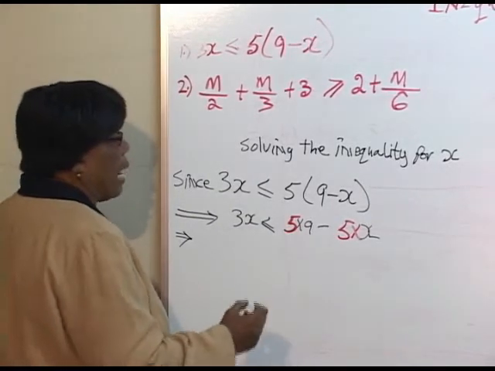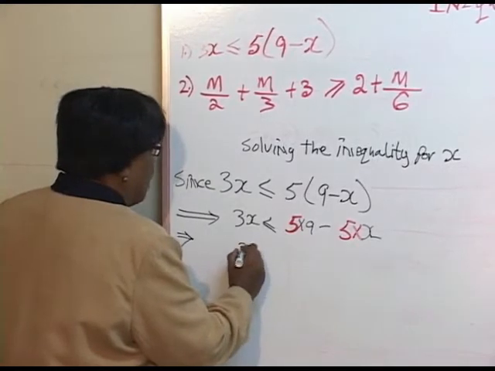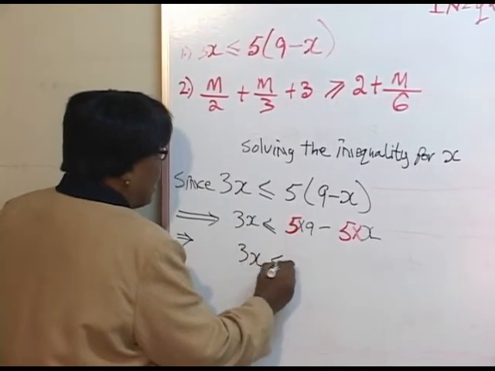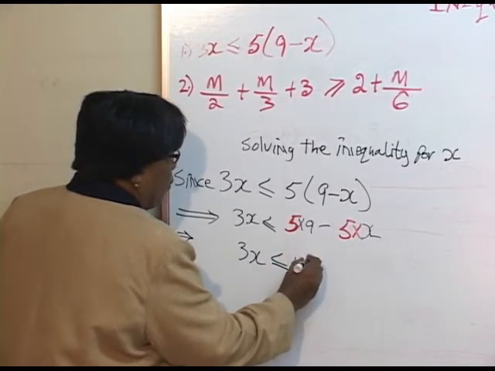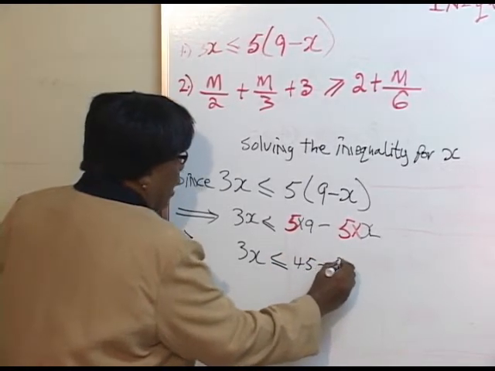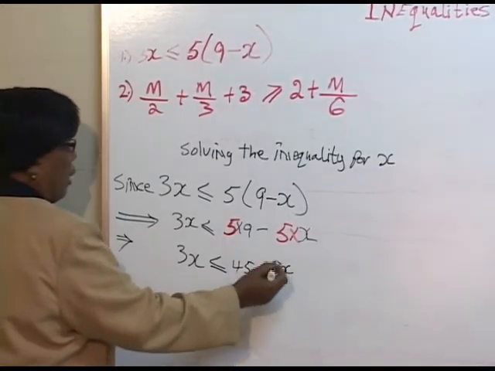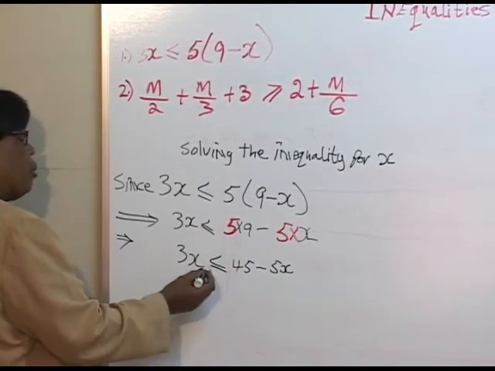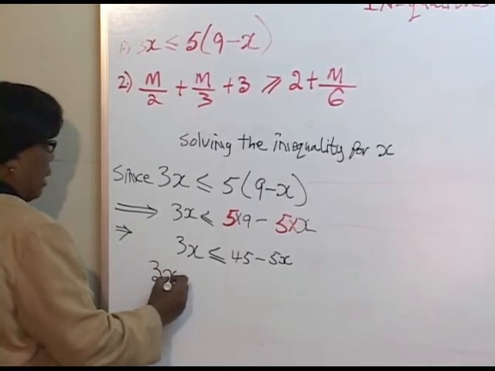So that is what that second line operation would be. And then we would have been getting 3x then is less than or equal to, 5 9s would give us 45, and it's minus 5x. So again, I am taking the negative 5x over the inequality sign. So I'll be leaving the 3 where it is. It's 3x.